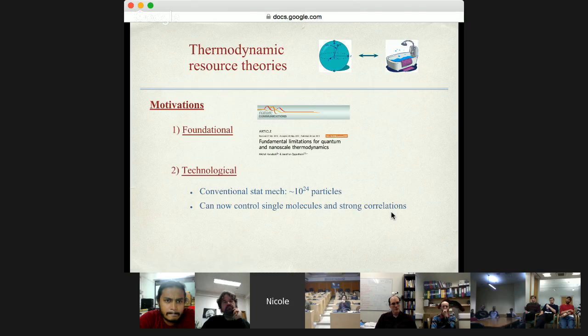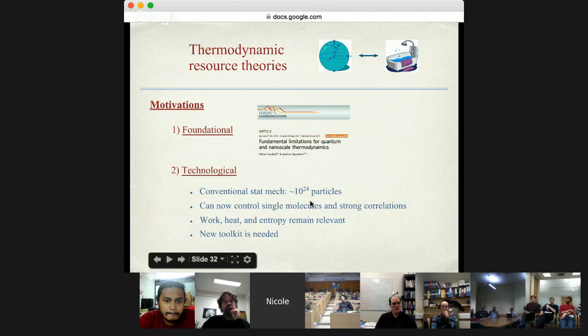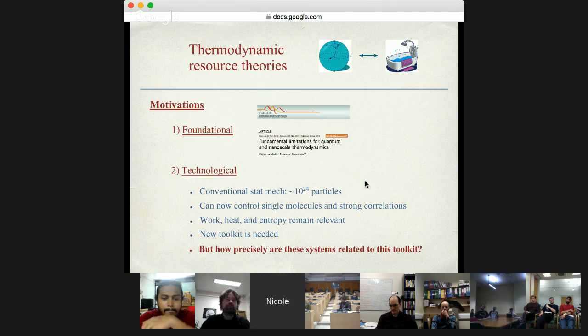In many of these contexts, those thermodynamic concepts of work, heat, and entropy remain relevant, but these systems are so much smaller that we might expect conventional statistical mechanics not to be quite the right toolkit. So there's an idea floating around that thermodynamic resource theories are the toolkit that we're looking for for these new systems.